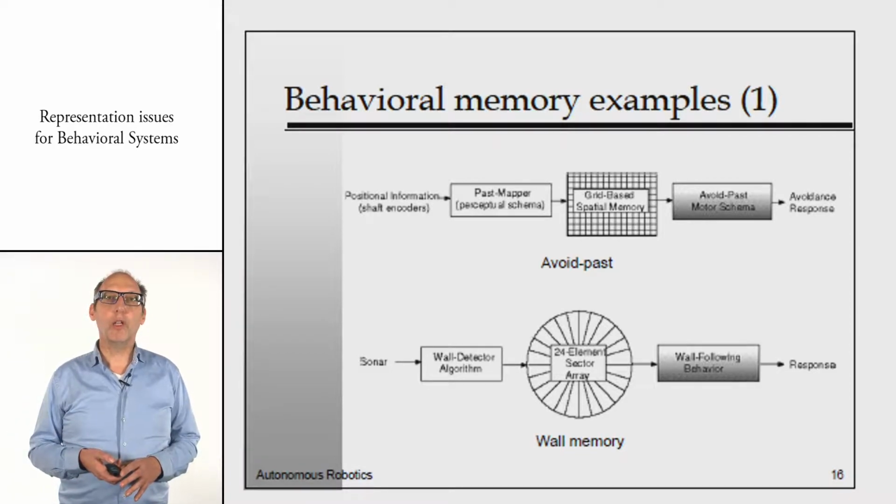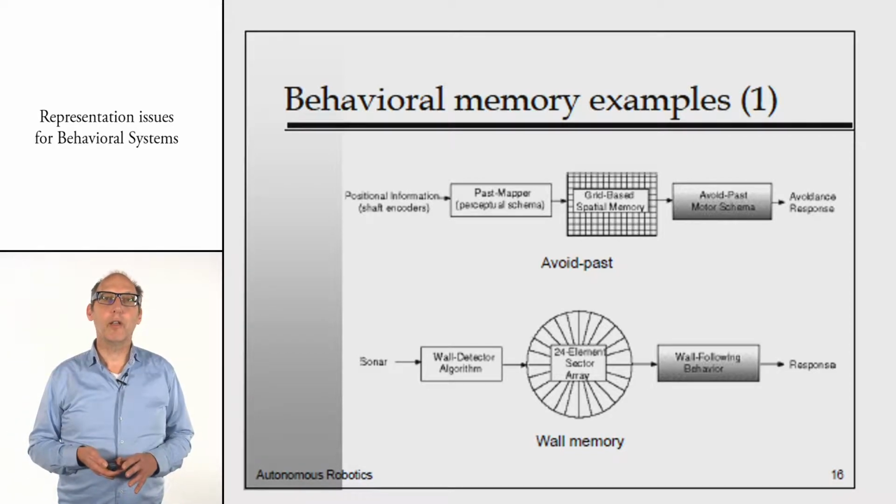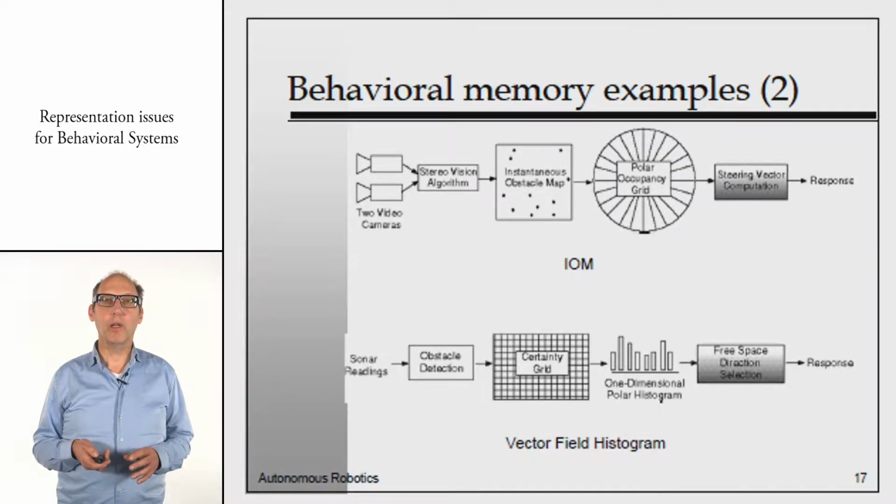And that's not only true for subsumption architectures. You can also do that schema-based, and there you have an own sort of percept, so an own sort of short-term memory for each of the concepts that are important for your different behaviors to display. And that can be quite complex.